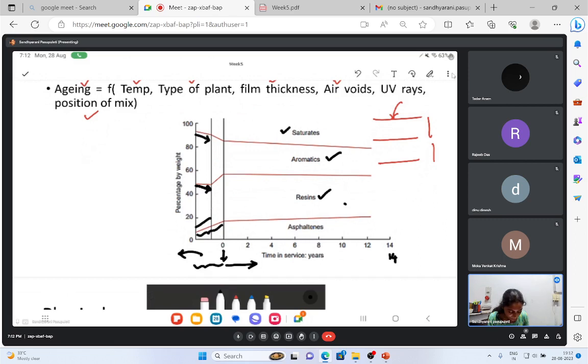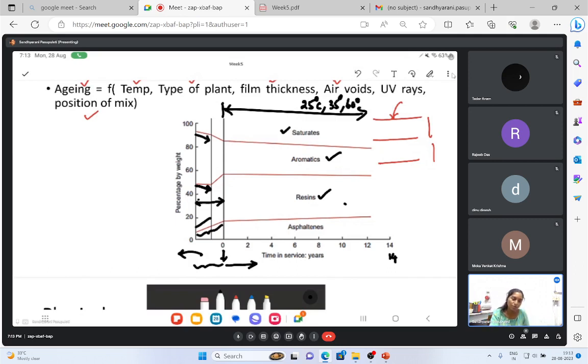After a particular amount of years, that means you have already placed the pavement. Initially the bitumen is subjected to higher temperatures for more hours, so this change can be seen significantly. As the service life is increasing, let us say now I have already placed the pavement. Now there is less chance that my pavement would be subjected to 100 degrees or 150 degrees. The temperatures it can be subjected to are, let us say, 25 degrees, 35, or mostly 60 degrees in summer.